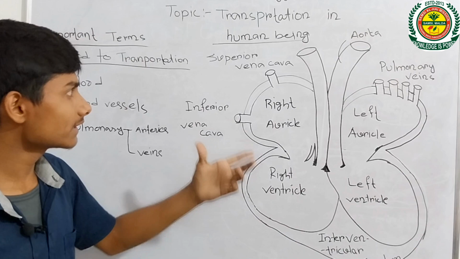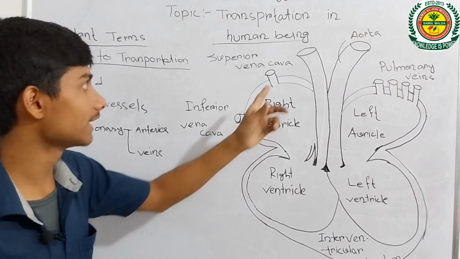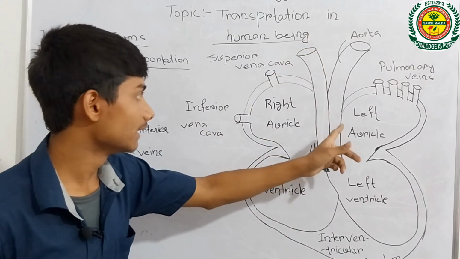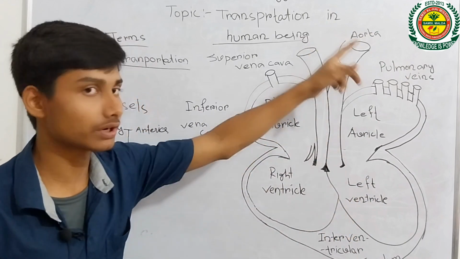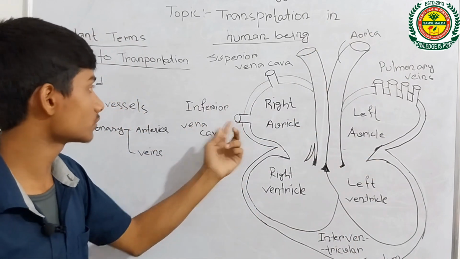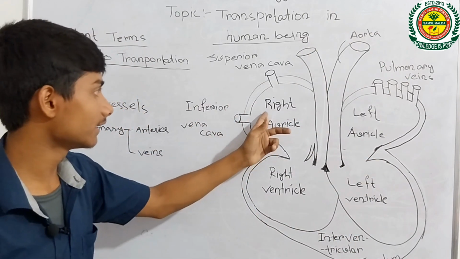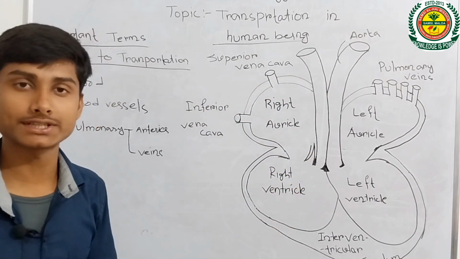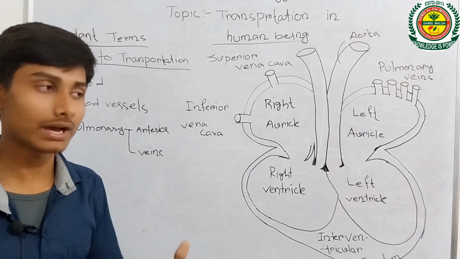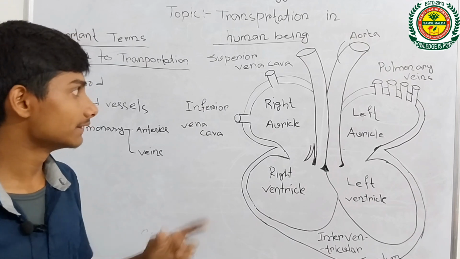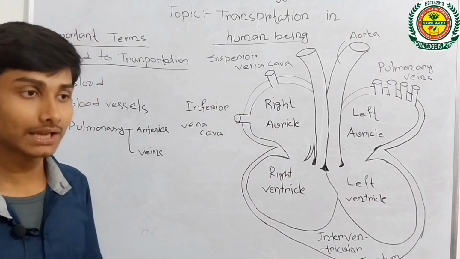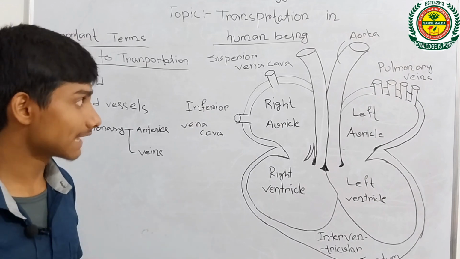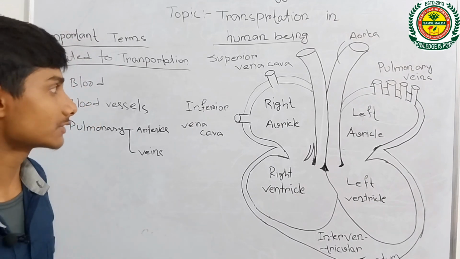So as we have seen, the blood goes from the lungs to the left auricle, left ventricle, different parts of the body, then through the vena cava to the right auricle, right ventricle, and then again to the lungs. This is the circulation that happens in our body daily.